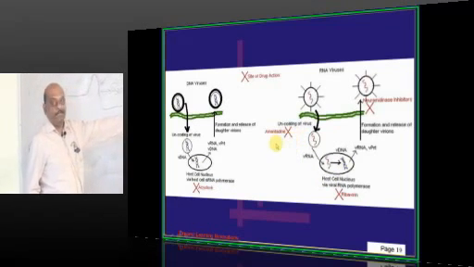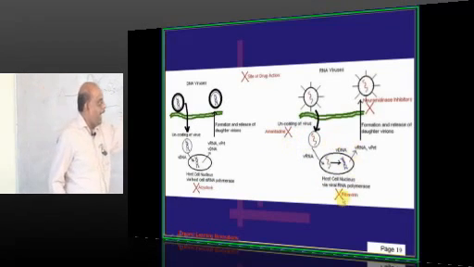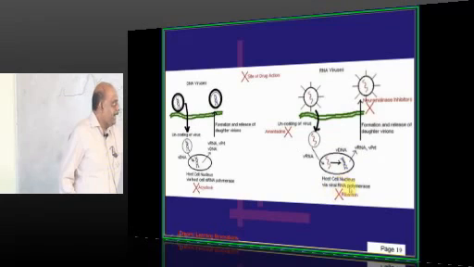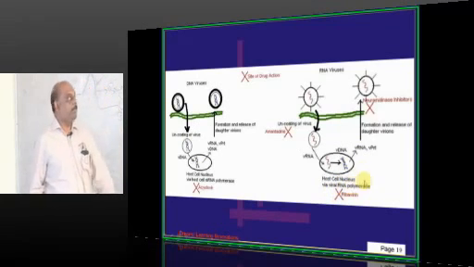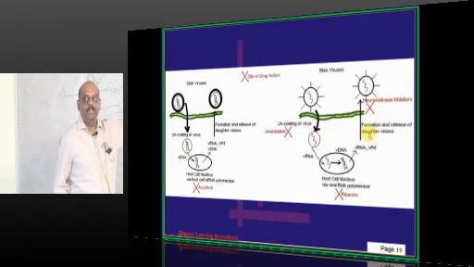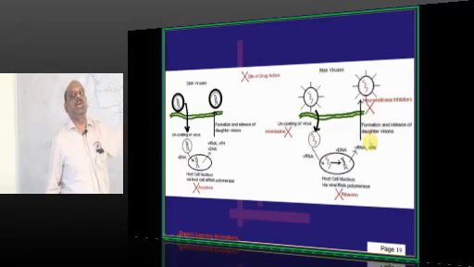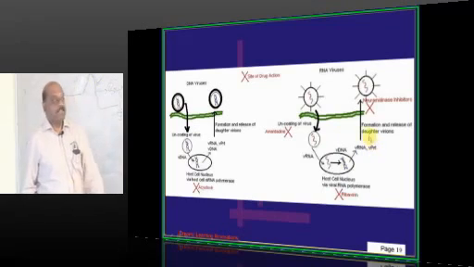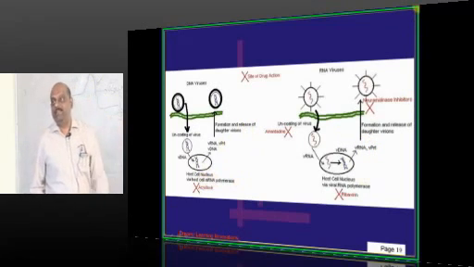Uncoating of the virus is affected by amantadine, and ribavirin basically acts on the viral RNA polymerase, and neuraminidase inhibitors are important, that prevent the release of the daughter virions. That is how the site of action of the various antivirals works.